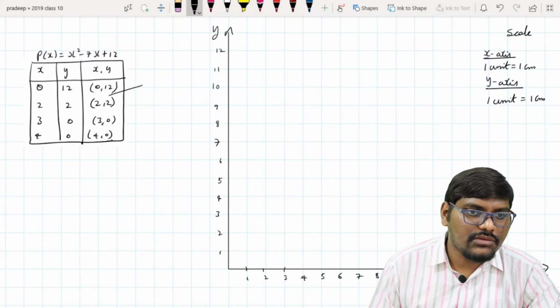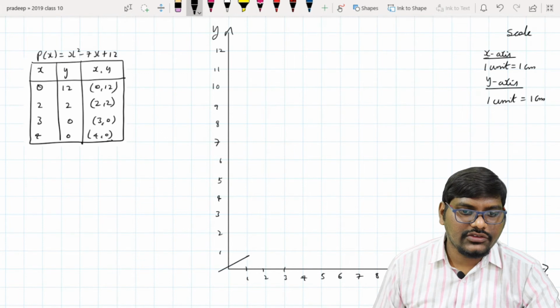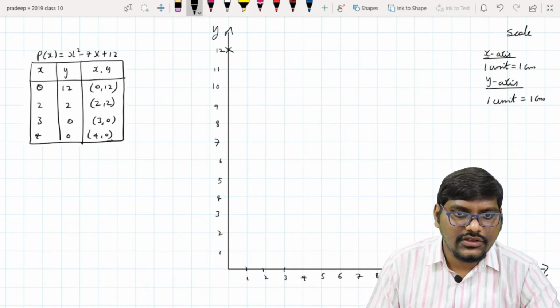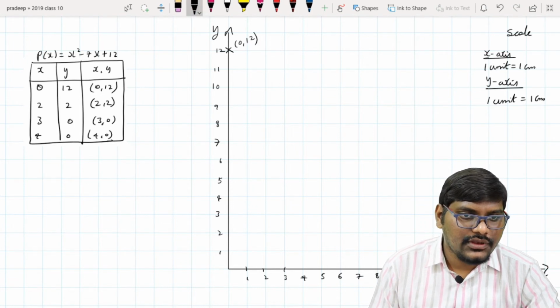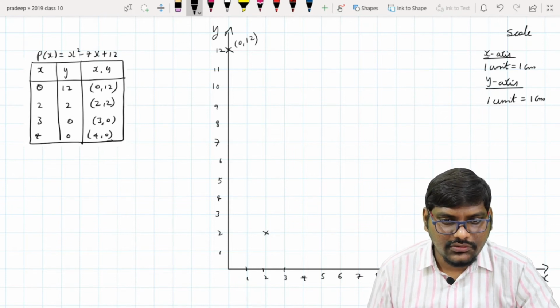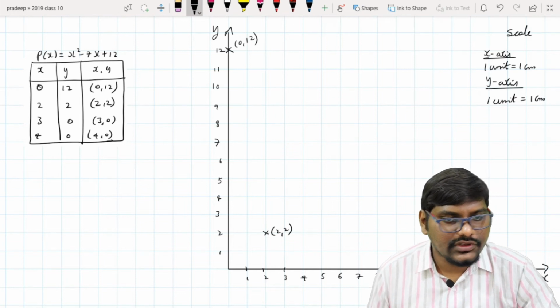Okay, so 0 comma 12 is the first point. 0 on the x-axis and on the y-axis it was 12, so here is the point, 0 comma 12. Next is 2 comma 2, so here is 2 comma 2. Then 3 comma 0 is the other point.